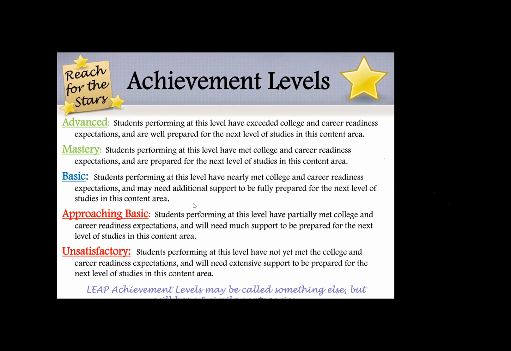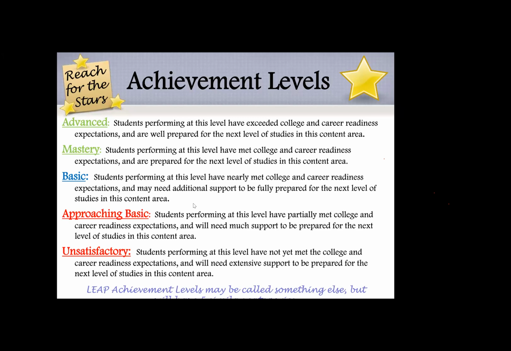And we have such wonderful students that do an amazing job here at Eastside, and we've got many of them that stay in that advanced and mastery range, but we really want to see basic and above as we move forward. And one of the things that Ms. Krill touched on, and I want to second what she just said, is when we look at our students this year, obviously we know that there's been a gap in learning from the end of last year with the COVID shutdowns.